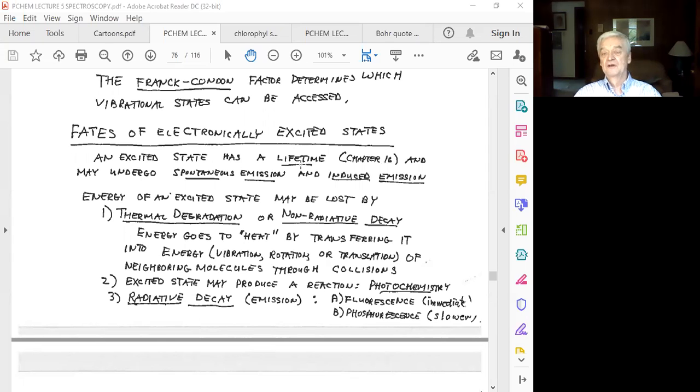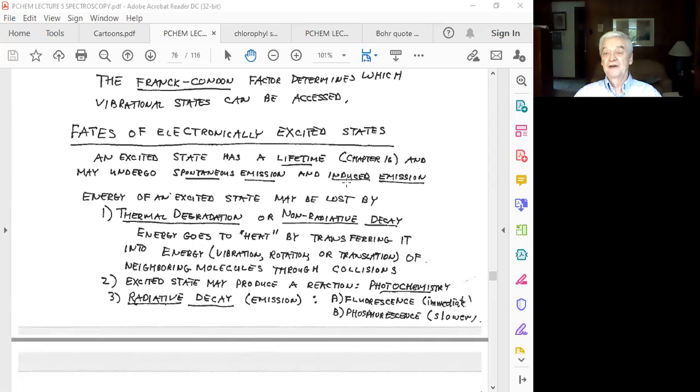You'll remember we talked about the fact that the lifetimes get shorter and shorter as you go to higher energy. So electronic excited states have very short lifetimes, maybe only 10 to the minus 14 seconds or something of that type. And that means the molecule can have spontaneous emission and immediately fall back down to where it came from.